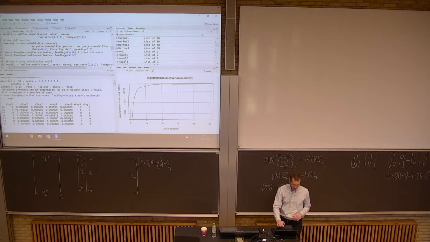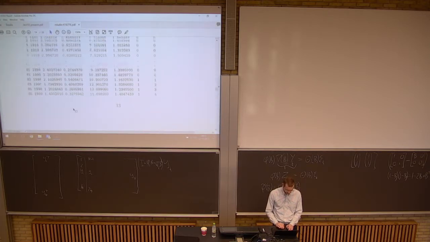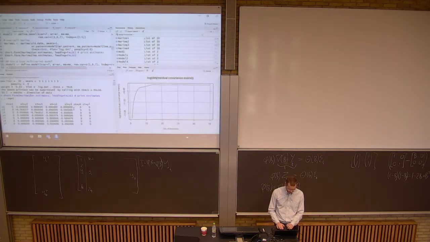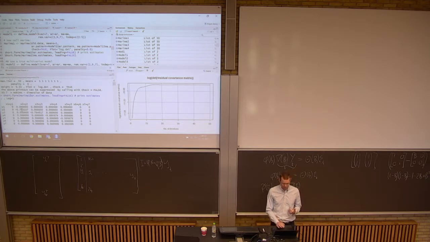So this means effectively that, now I forgot the names of the different columns. Suicide by firearm is the first column. So suicides by firearm in one year is roughly 0.8 times what it was the previous year, plus some noise. So that's the AR part here.